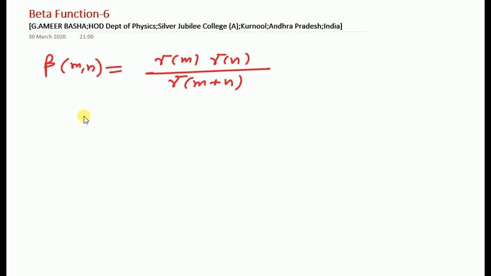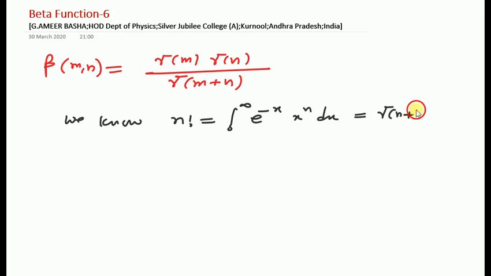So we know, starting from the gamma function, n factorial is equal to integral 0 to infinity e power minus x x power n dx. This is the same as gamma (n plus 1).